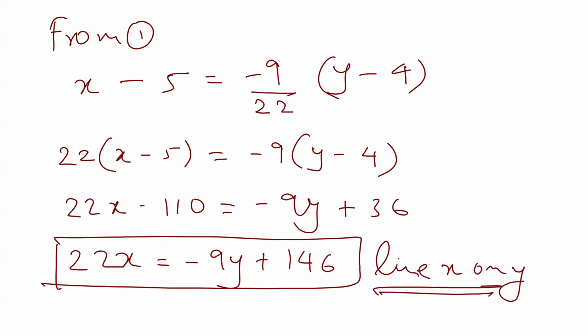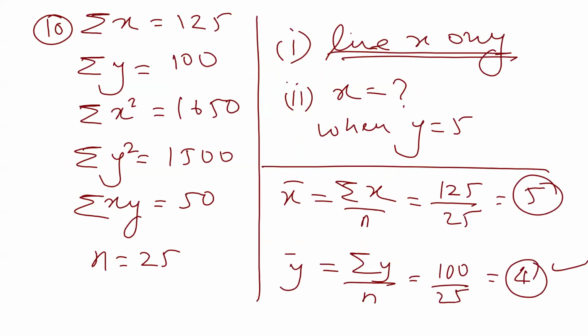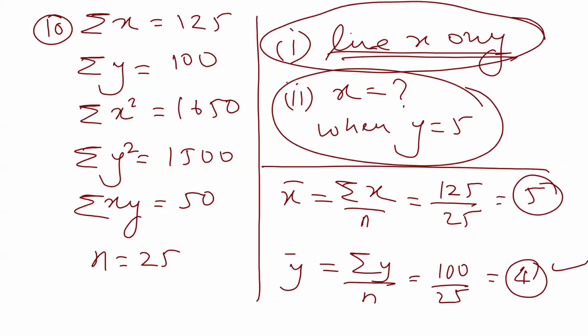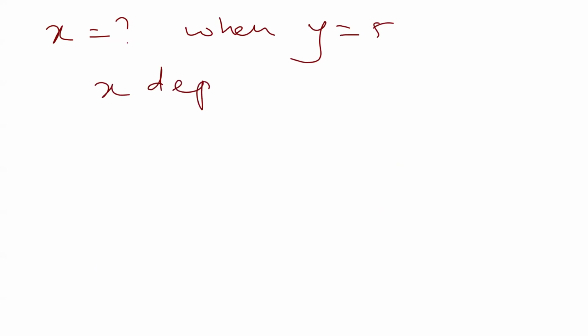Okay, first part of the problem is over. We'll go to the estimation now. Basically this we have done. We'll calculate the value of x when y is equal to 5. So x is required when y is equal to 5. So x depends on y.